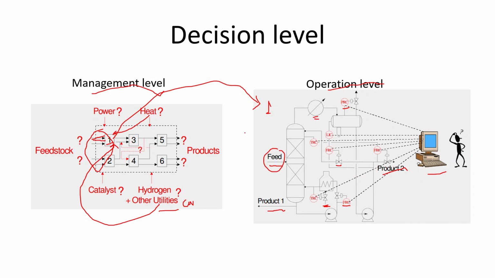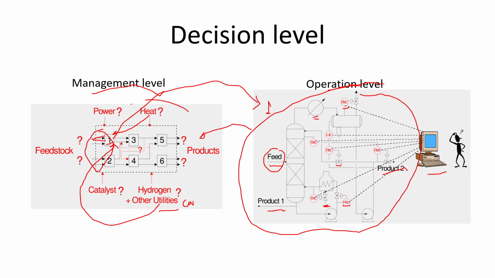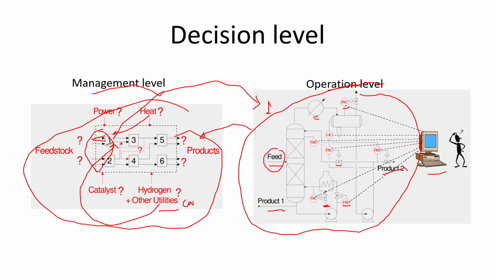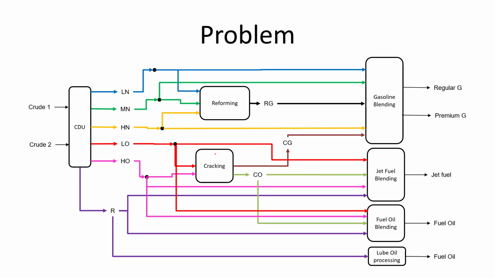What that model says is that this is done behind the scene: different operating conditions or different feeds will create different yields of products, and then that yield function is put into here, and this is the model of the Gurobi example that we're going to see.